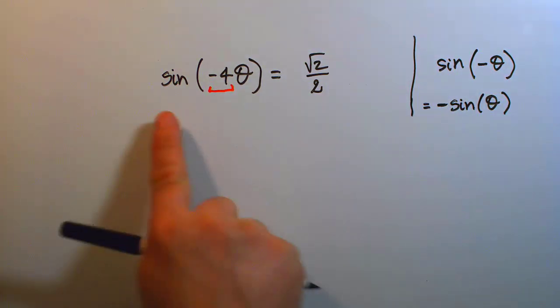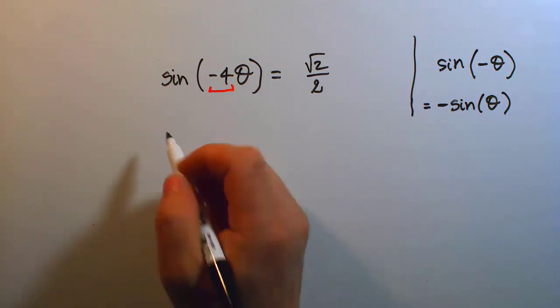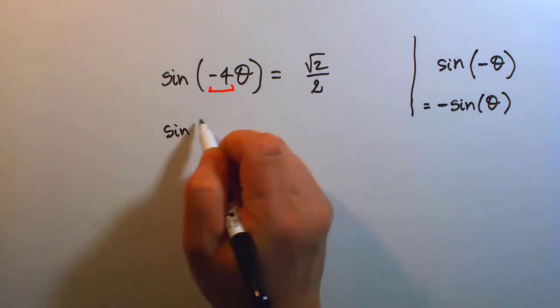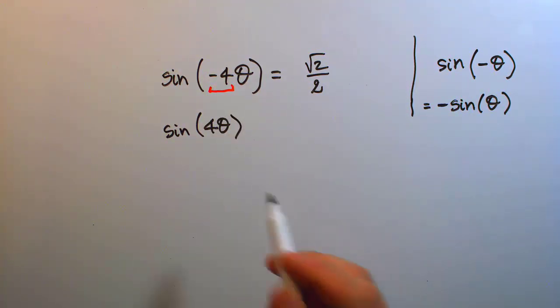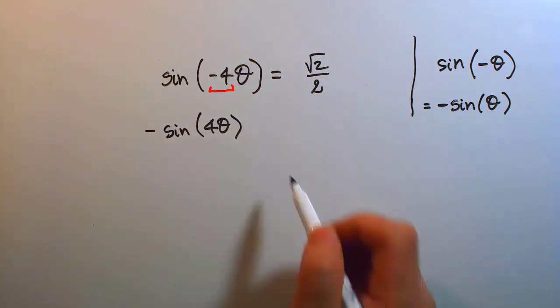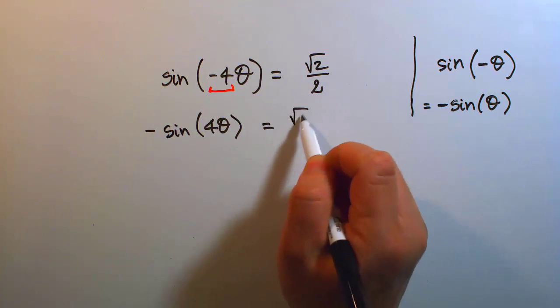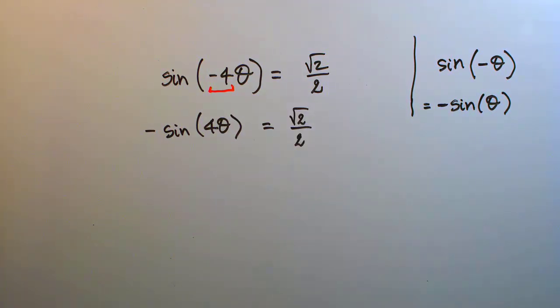So this equation can be rewritten as negative sine of 4 theta equals square root 2 over 2.